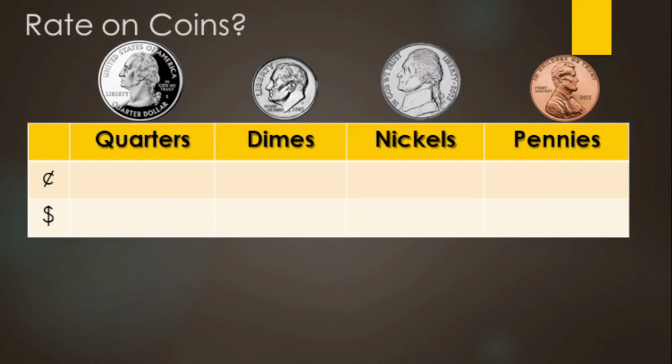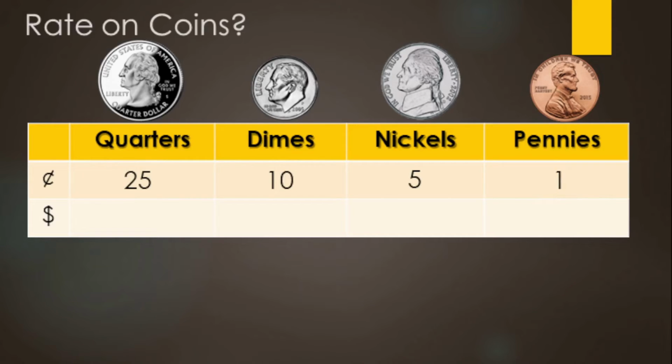Sometimes we'll have questions and it won't explicitly tell you the rate because you're supposed to already know it. This is one example. If you're dealing with quarters and dimes, they just assume you know what the rate for a quarter is. If you're talking cents, the rate for quarters is 25 cents. Dimes, 10 cents per dime. Each nickel is 5 cents. Every penny is worth 1 cent.